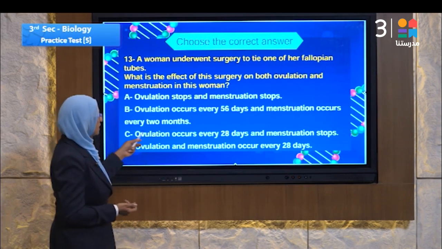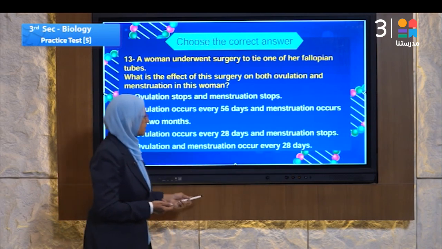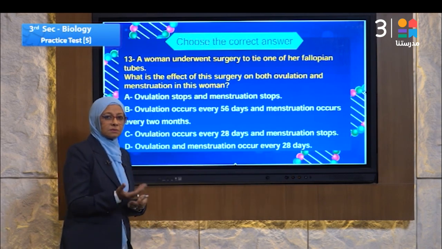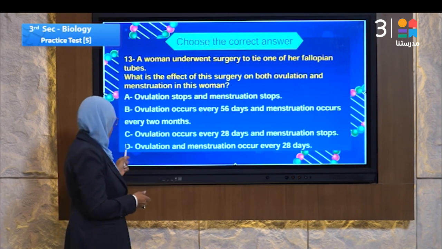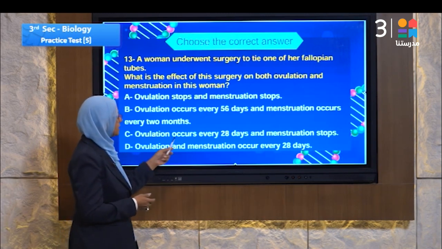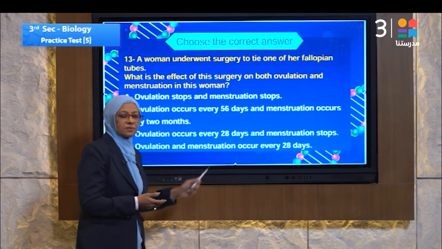C: ovulation occurs every 28 days and menstruation stops. No, menstruation will be done because the hormones are present. D: ovulation and menstruation occur every 28 days. Yes, that's the answer.